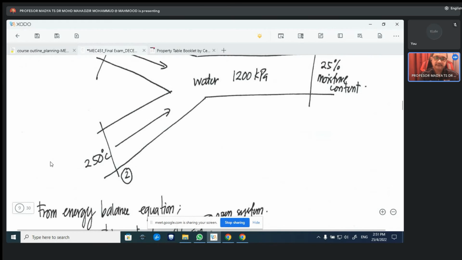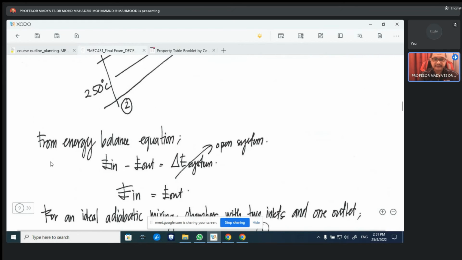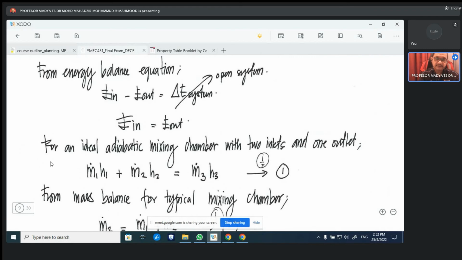Okay, so based on the energy balance equation, as I mentioned earlier, Q in minus Q out is equal to the change in E system. For an open system, energy in is equal to energy out.